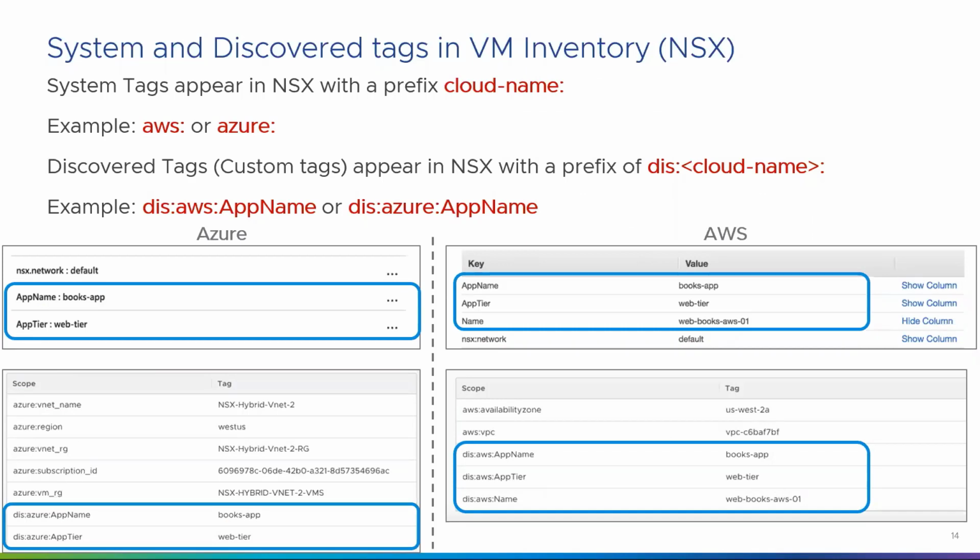You notice also that there is this tag called NSX Network Default that exists both for your Azure and AWS. Once a workload is said to be protected, we add that tag in the cloud for the workload. That's how we know a workload is protected.